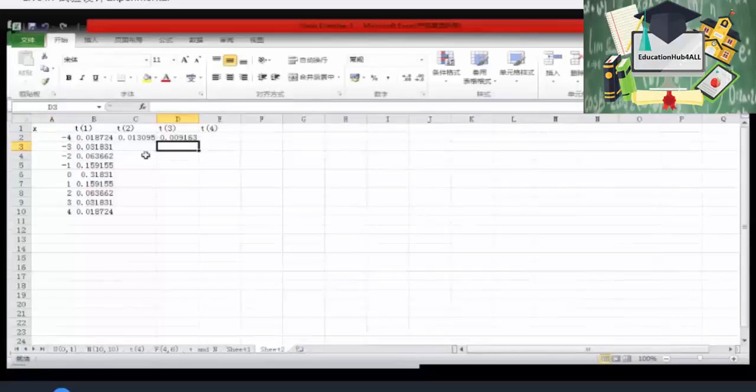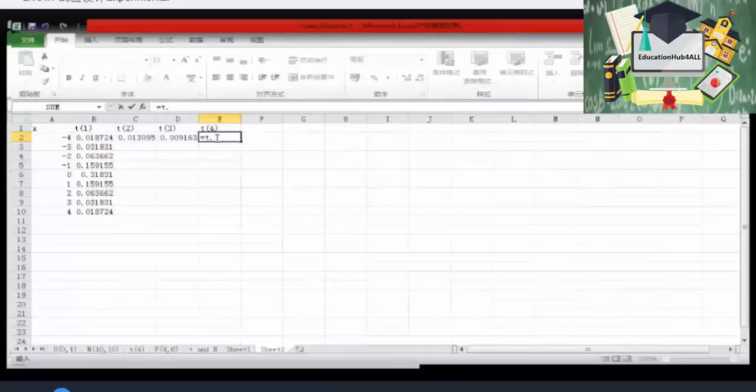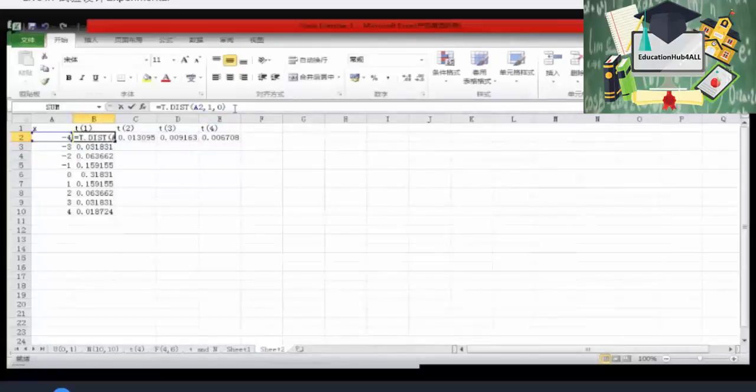Yeah, please use your hand. I don't need to do the exercise, you know. Please follow me as much as possible. It's just repeating the same thing. Here I input 4, 0. So everywhere what you change is the degree of freedom.